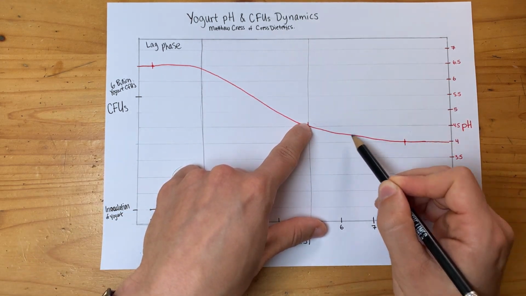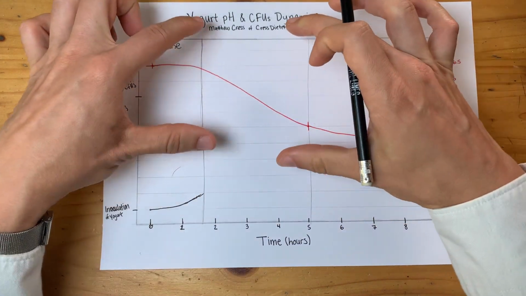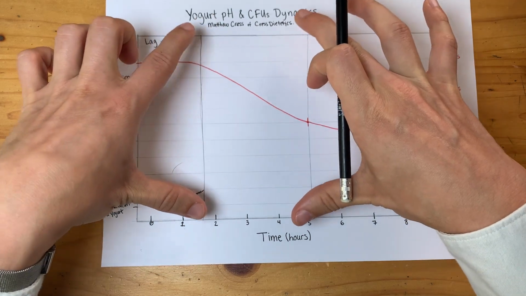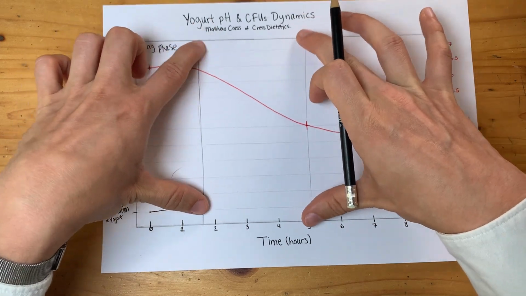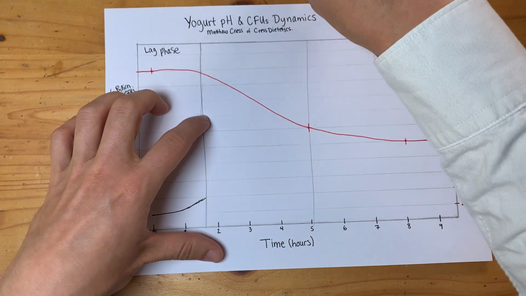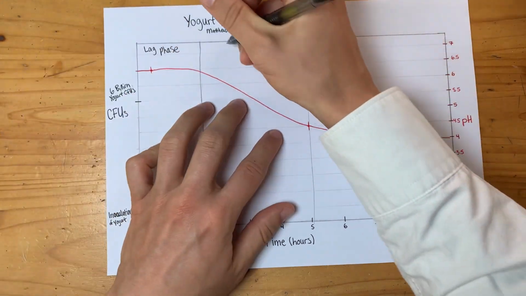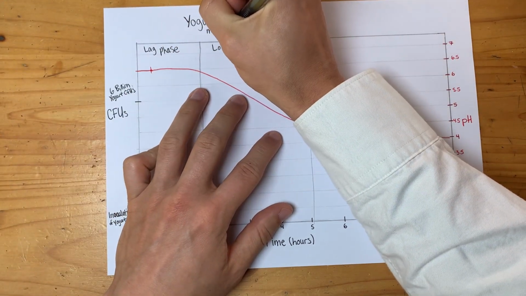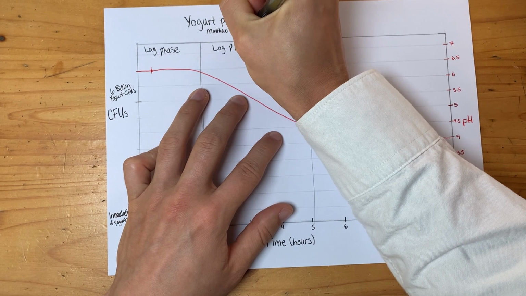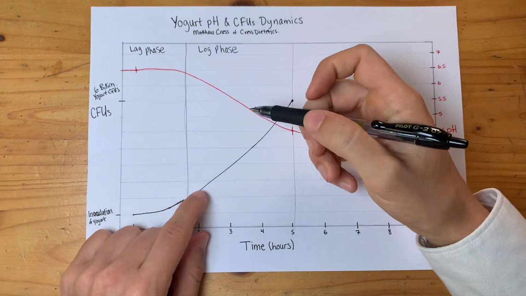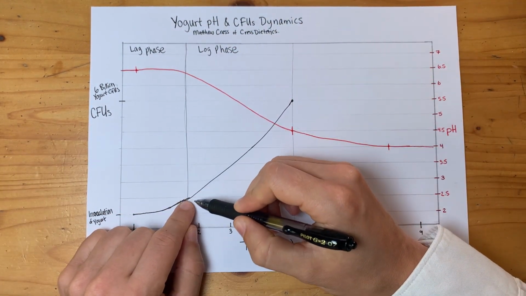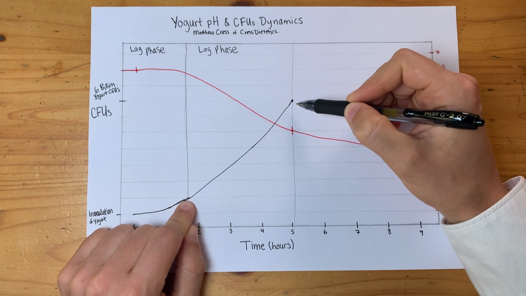It does stop being so dynamic. And so this phase right here, it's going to be our dynamic phase. This is going to be where most of our activity is happening. But technically we can call it our log phase.